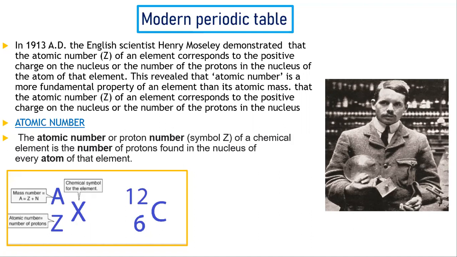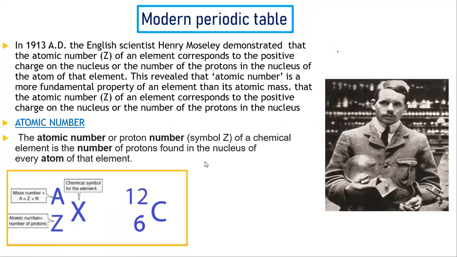Henry Moseley, an English scientist, showed that atomic number is a more fundamental property of an element than atomic mass. So he arranged the elements in increasing order of atomic number.